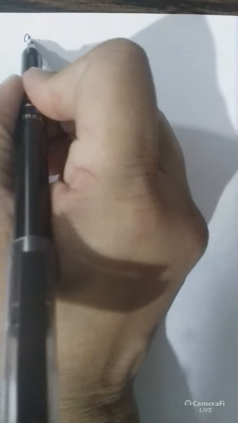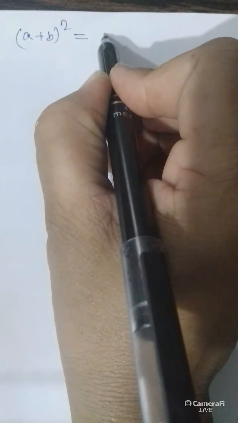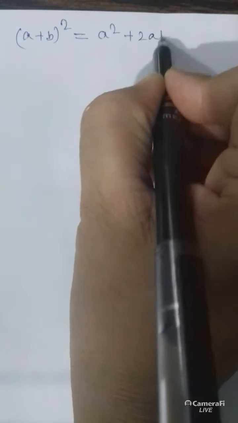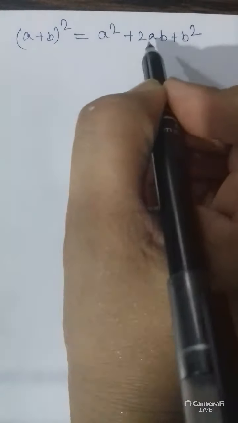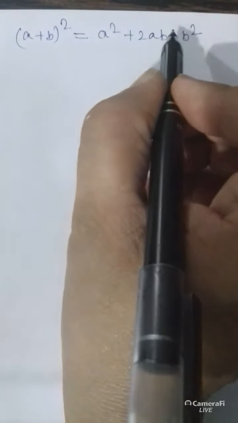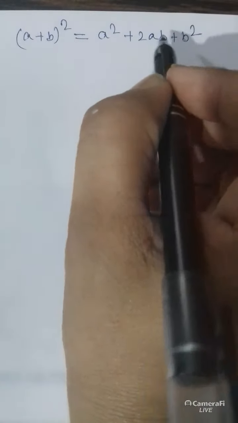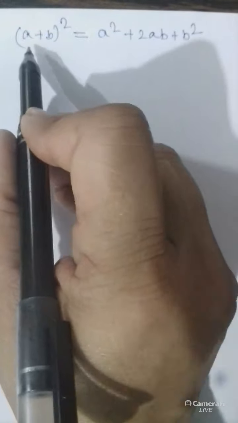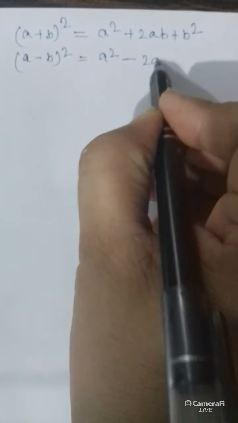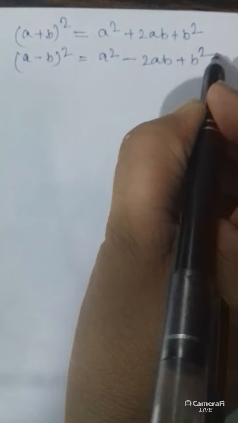Before we start the exercise of this chapter, we must remember some formulas. We have already learned them in our previous class. First is a plus b whole square equal to a square plus 2ab plus b square. Then a minus b whole square equal to a square minus 2ab plus b square.